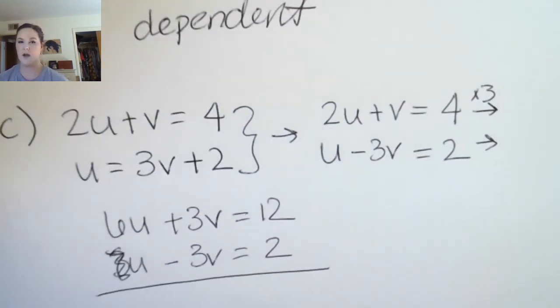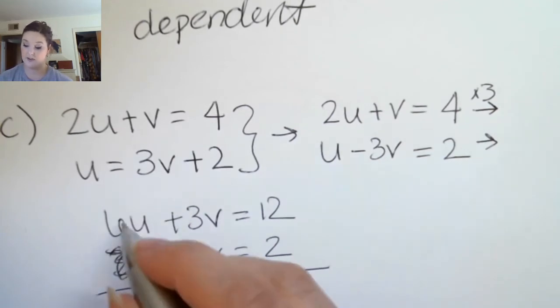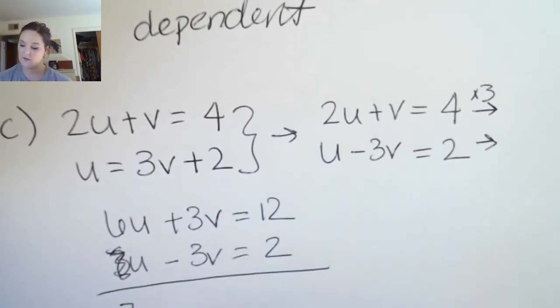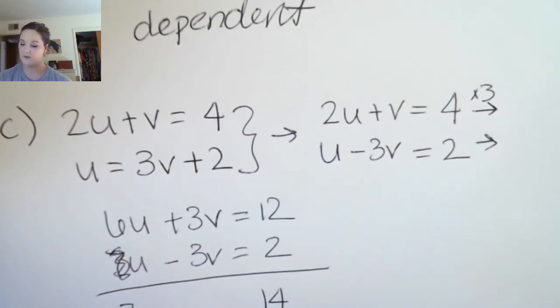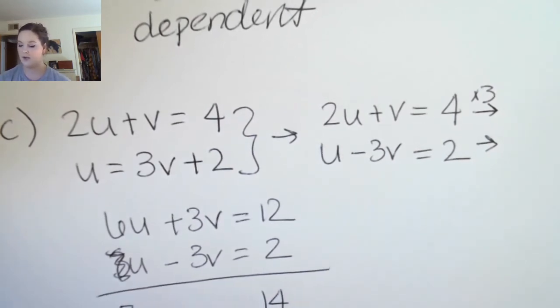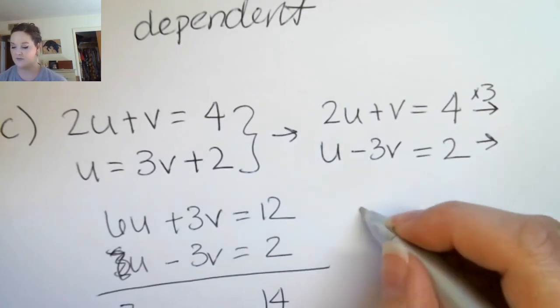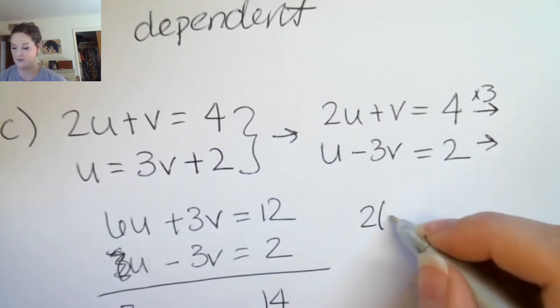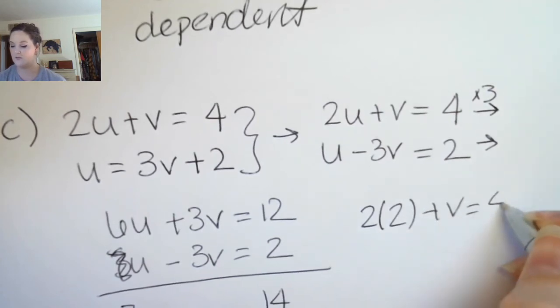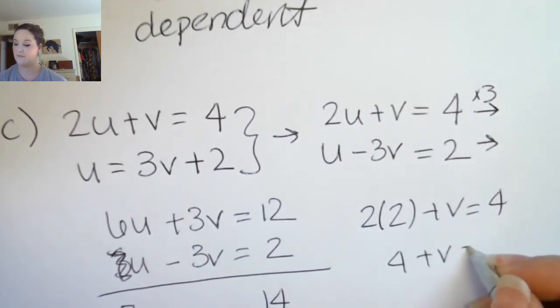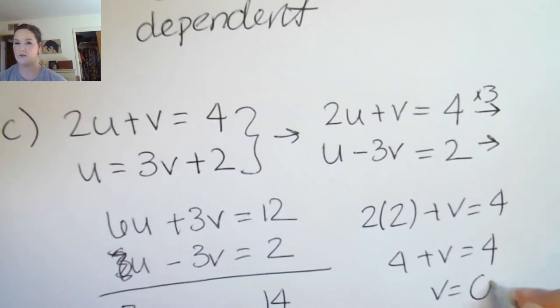Okay, so now I'm going to add them together. 6u plus u is 7u. Those cancel, and this is 14. So I get u equals 2. Okay, and then I'm going to use that to find v. So 2u plus v equals 4. So v is 0.